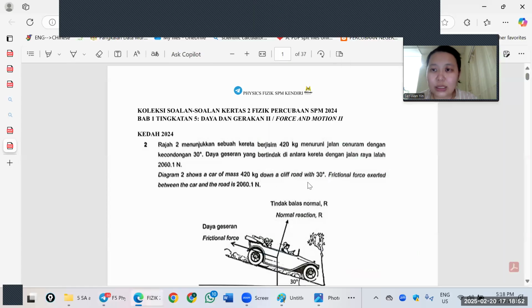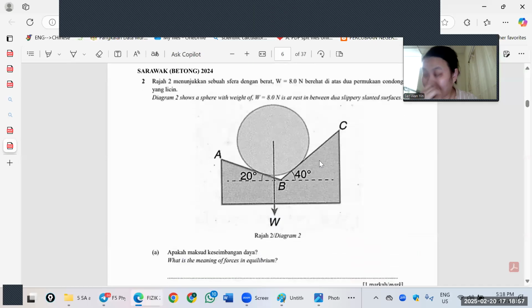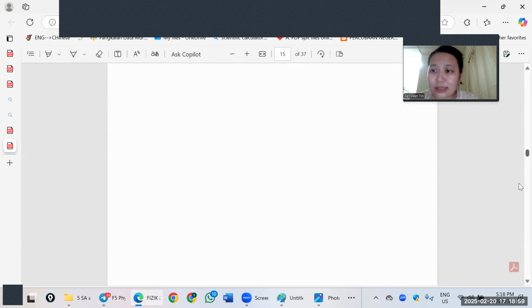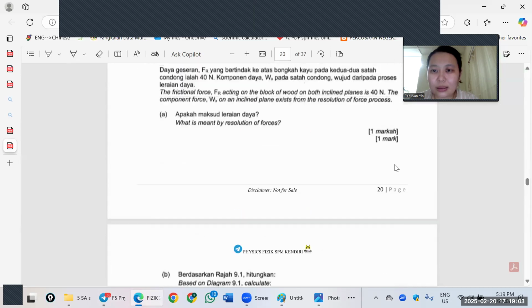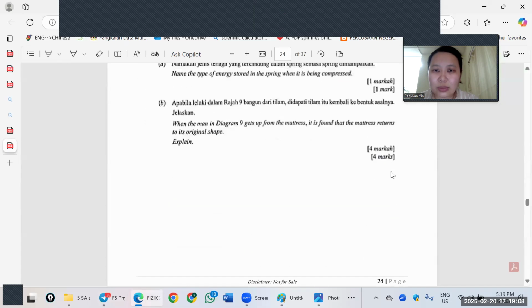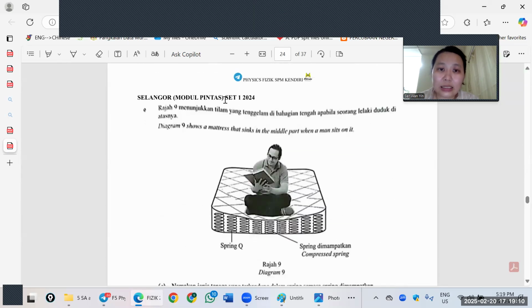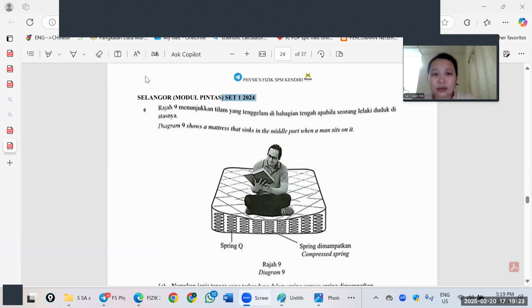I think we just print out until 2019. This is last year's paper, Selangor set 1. Okay, hello, bye-bye. Thanks for telling me.